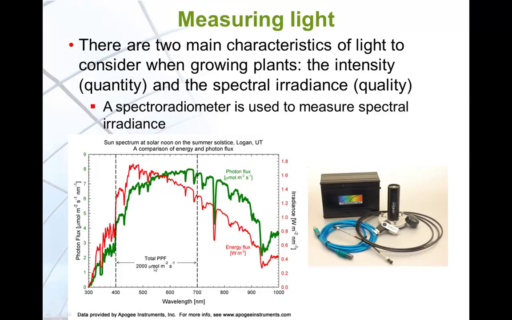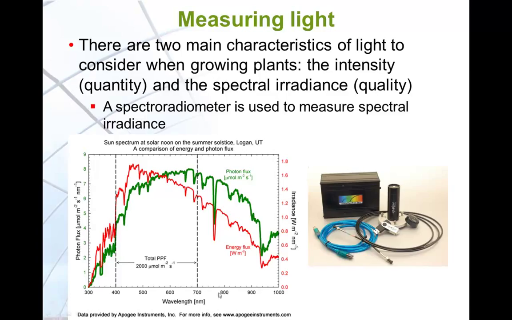And if you integrate the value between 400 and 700, every single nanometer reading of photons, micromoles per square meter per second, and basically sum up, then you can get micromoles per square meter per second for 400 to 700 nanometers.